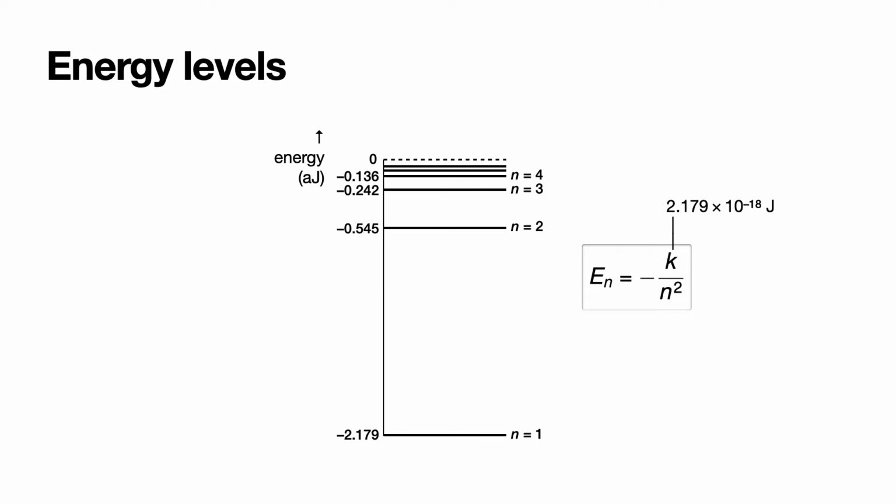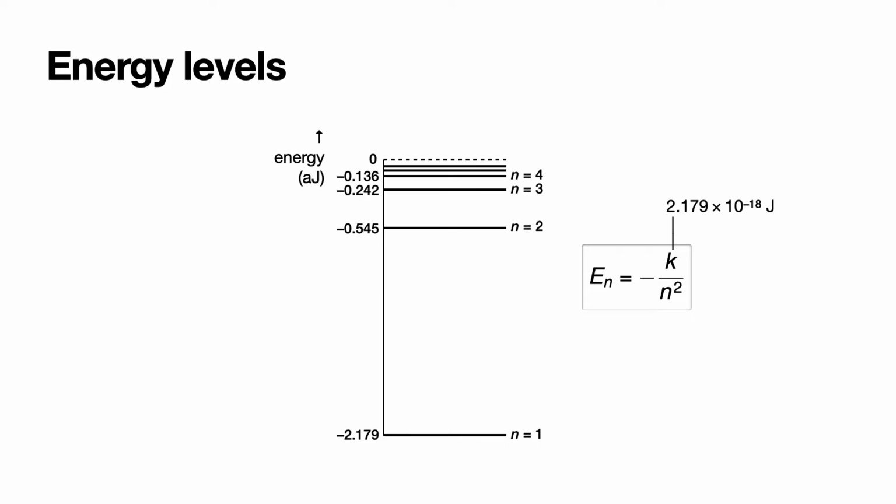And this really shouldn't come as a surprise, because the Bohr model was created to describe the observed spectrum of hydrogen atoms, and so the pattern of energies that matches that spectrum is going to be the same for the Bohr model as it is for this new quantum model. And the expression for the energy is that the energy of the nth level is negative k divided by n squared.